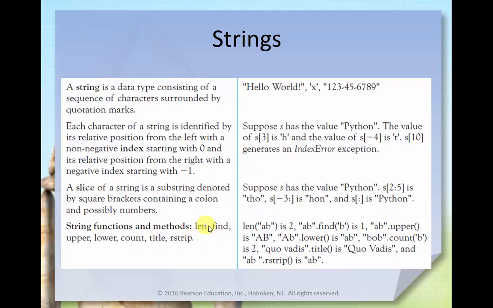Again, this is just a few of the ones that you can utilize. Length, finding a specific occurrence of a substring within the whole string, converting from upper to lowercase, counting the number of occurrences, converting to title notation, and stripping some things off out of a string.